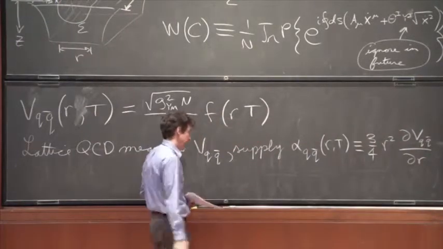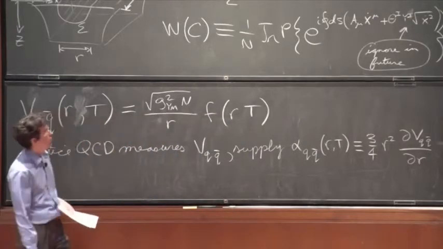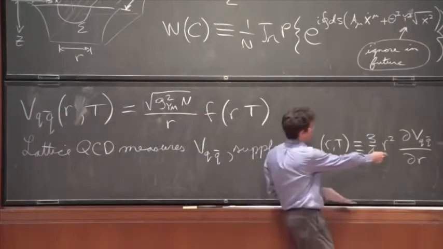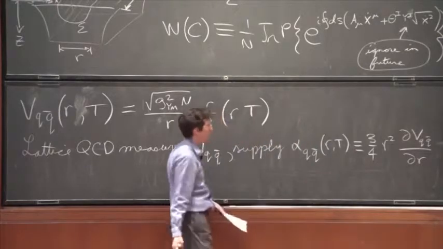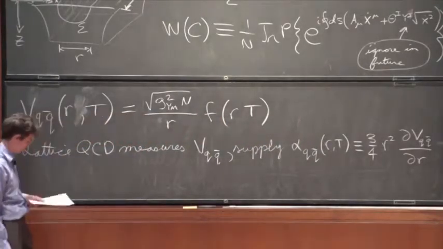So essentially, this is the force between the quark and the antiquark, but the little factor of r squared here is present in order to make it constant for a Coulombic potential.